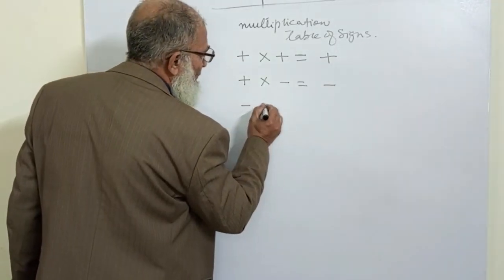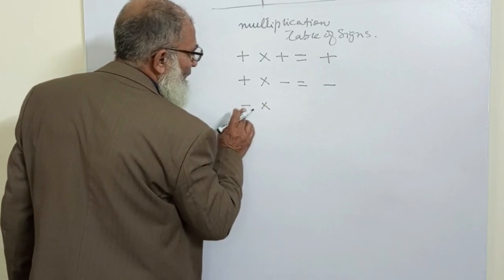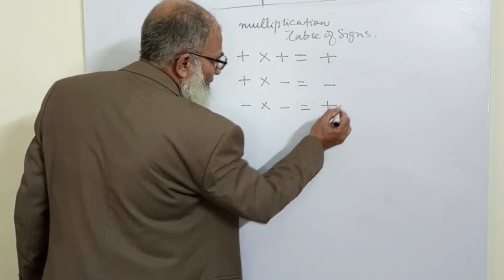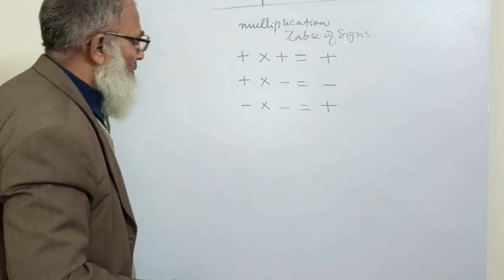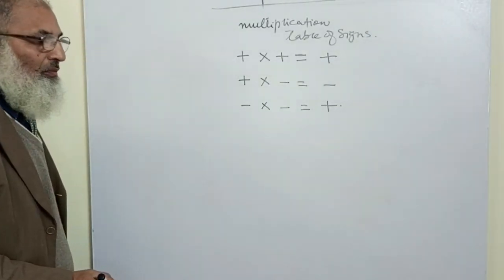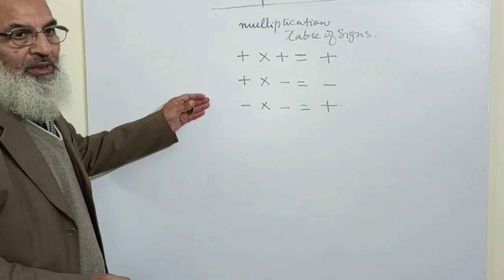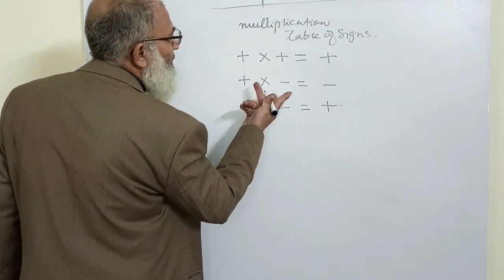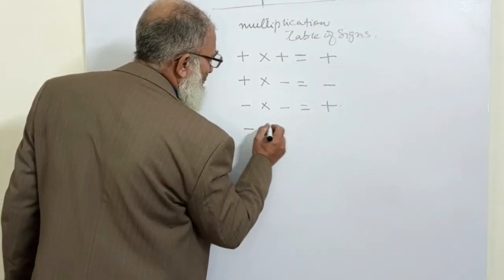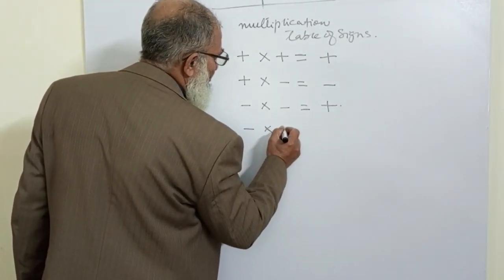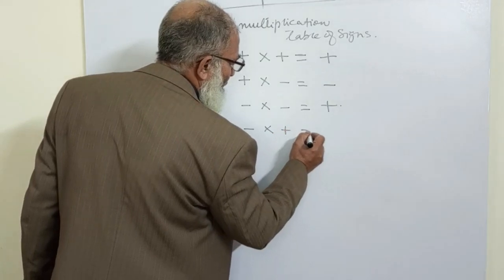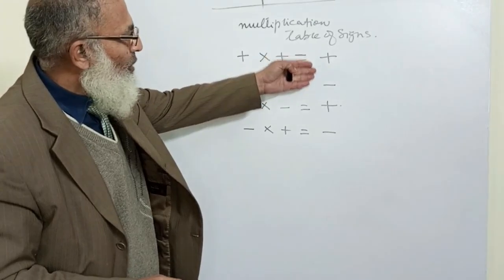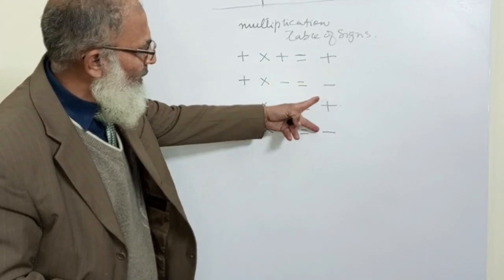If we multiply a negative sign with a negative sign, we get positive. So dear students, this is the multiplication table. If I write the reverse of this, it will be again negative. So there are two outcomes, two positive and two negatives.